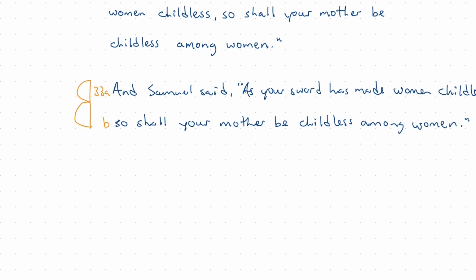So we know he's making a comparison. And so I will use the CF. This is the comparison that's being made to the situation which Samuel intends to bring about.